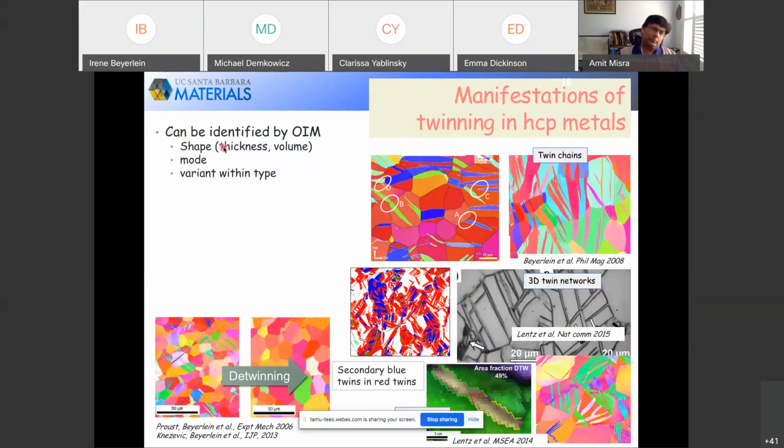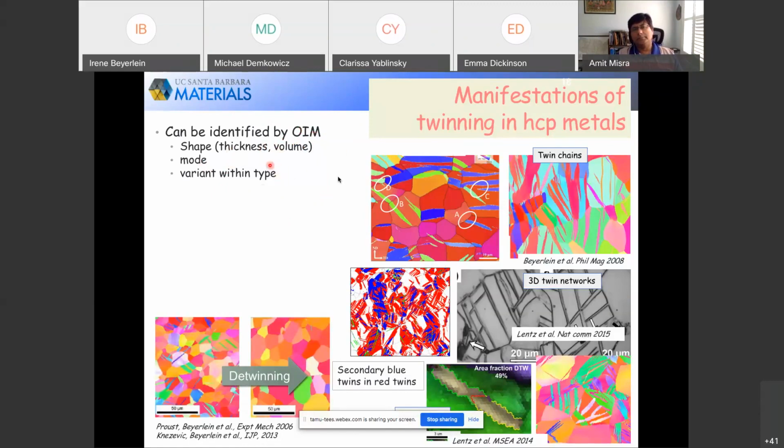As I mentioned, many times the twins can be seen by orientation image microscopy, OIM. Some of these here are EBSD maps of deformed materials that have seen a lot of twins.